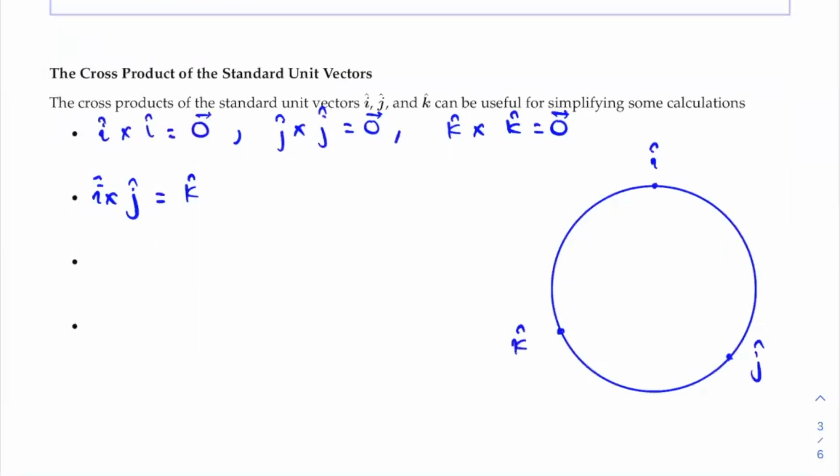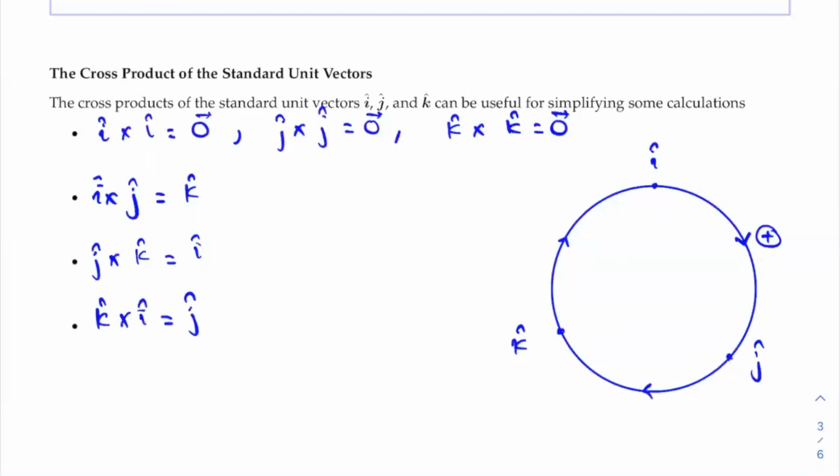So I crosses with J, it's going to give you K, in the positive direction. When we go in the negative direction, that will indicate a negative sign. So I crosses with J will give you K. J crosses with K will give us I. And then K crosses with I will give you J.